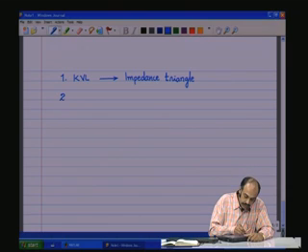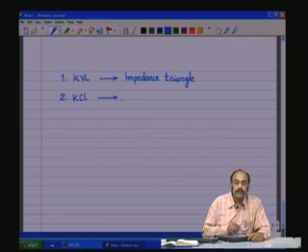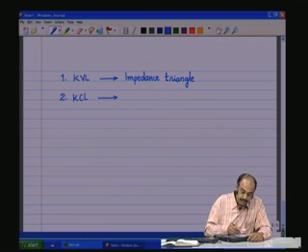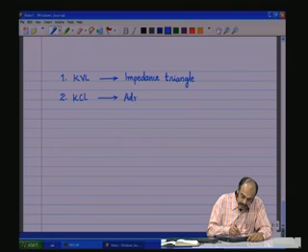If we use KCL to solve a nodal equation, node voltage equation, then we would land up with an admittance triangle.